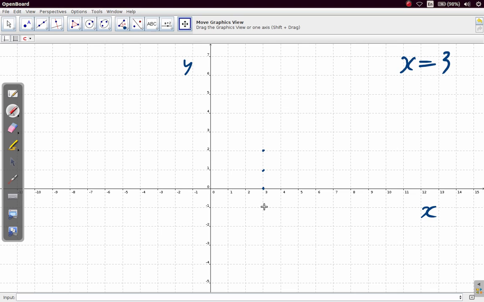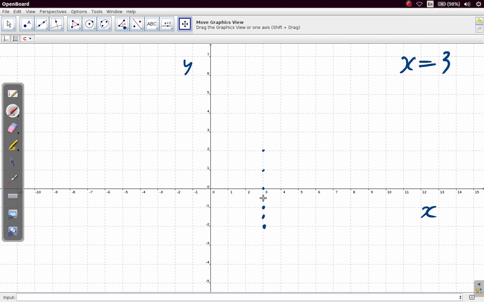When you come down here, y is -1, what is x? X is 3. Down here, when y is -2, what is x? X is 3. So all of these points satisfy. We could even go halfway and say y is -1.5, x is 3.